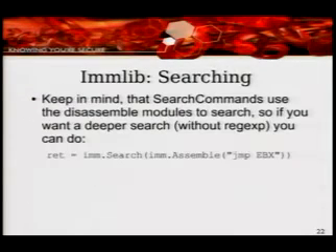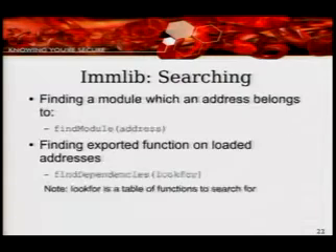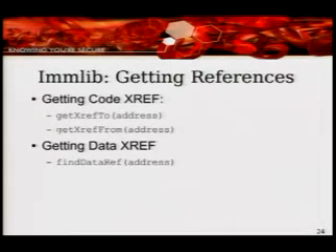And if you want a deeper search, you can even use the assemble method. You can assemble a command and then search for it in memory. Getting code cross-references from data and code is also possible from the Immunity Debugger libraries.